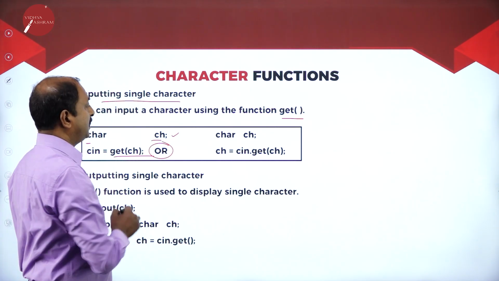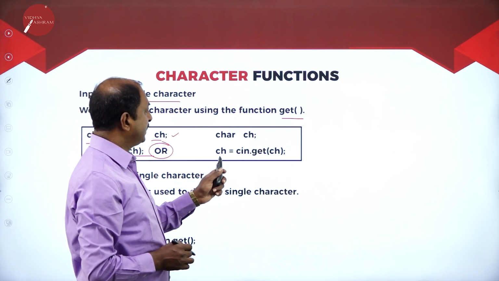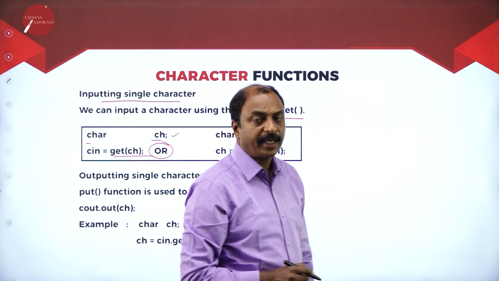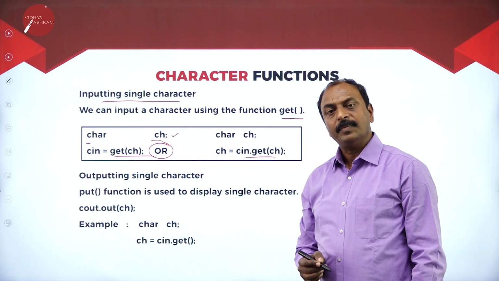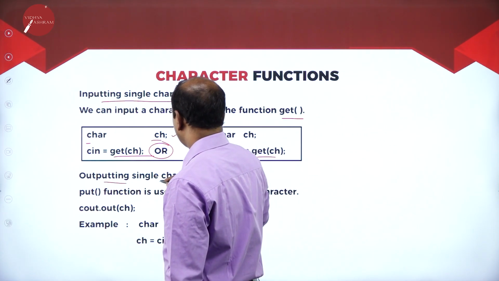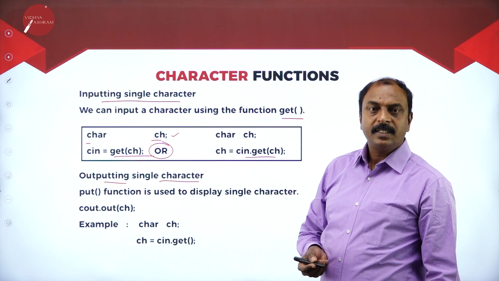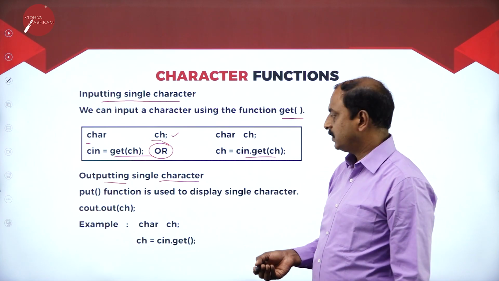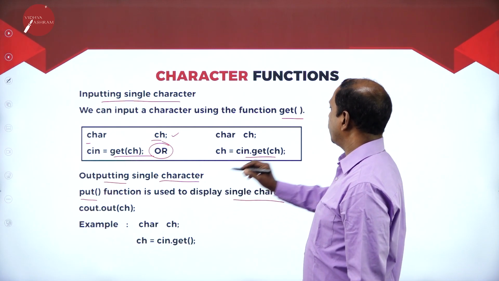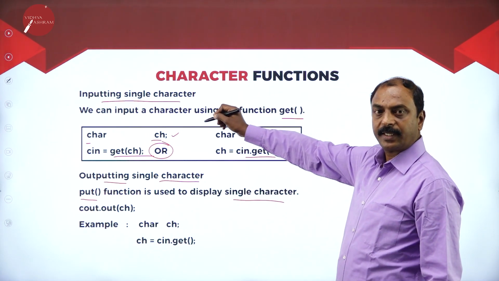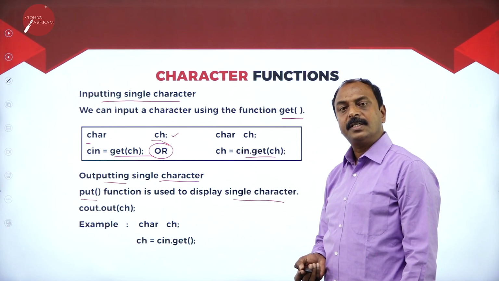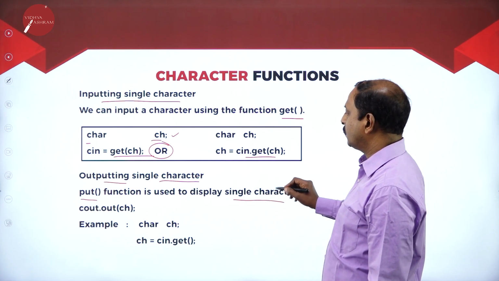One more syntax is: char ch = cin.get(). So, this is another syntax to accept a character from a standard input device using the get function. Now, outputting a single character means to print a character on the screen or to the output devices. Here put is a function used to display a single character. So get is to accept or input a character, whereas put is a character function to print or display a single character through the monitor or through output devices.